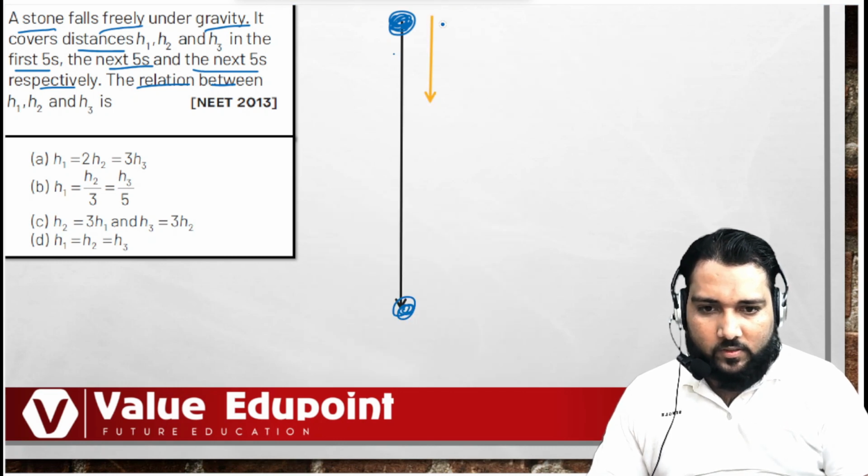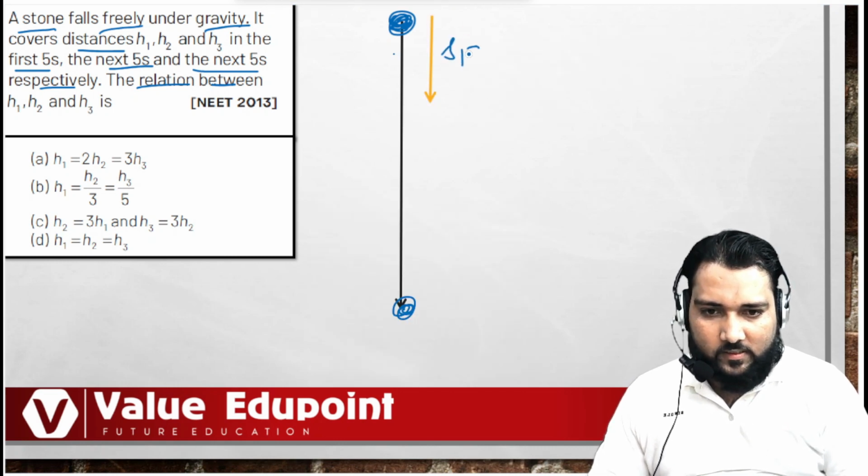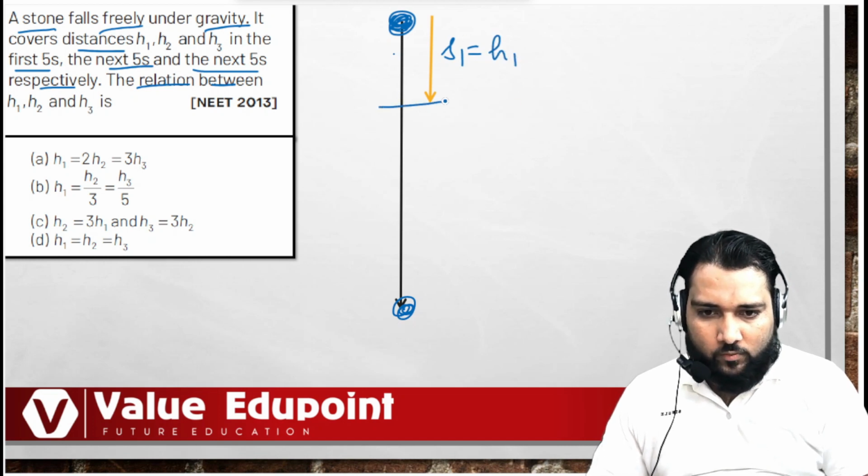So this is the h1, or s1 distance. Now the ball is here at t equals 5 seconds.